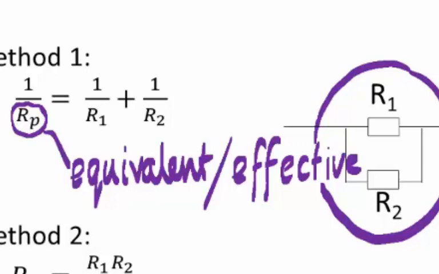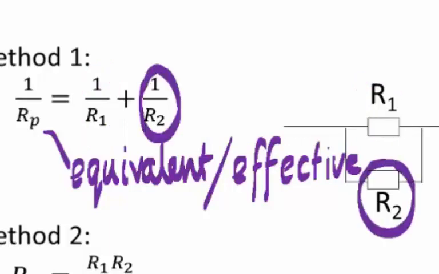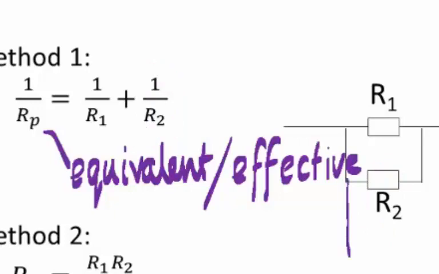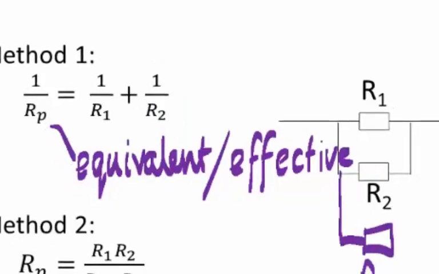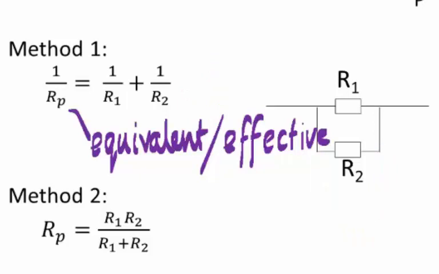So 1 over Rp is equal to 1 over R1, so this value inverted, plus 1 over R2, the value of this resistor inverted. If we had a third resistor and we called it R3, then we just add in plus 1 over R3 and so on. But in this case, we do only have 2 resistors. So that's method 1. Method 1 works with however many resistors you like.